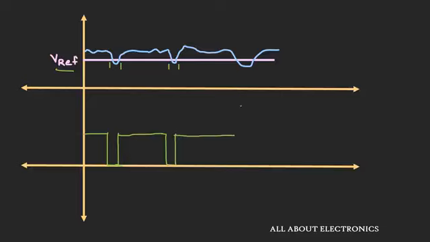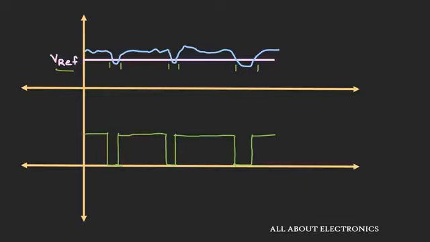And again, over here, your input signal goes below this reference voltage, so again you will observe the low voltage for this time period. So because of this noise, as you can observe, your output signal gets affected. So we can say that this comparator is not immune to external noise.